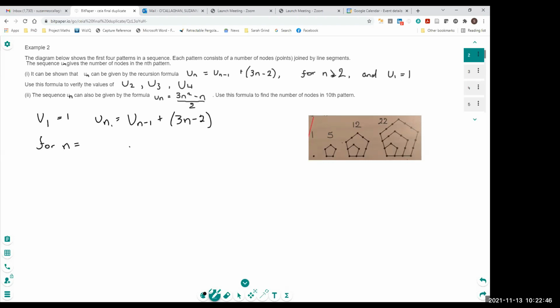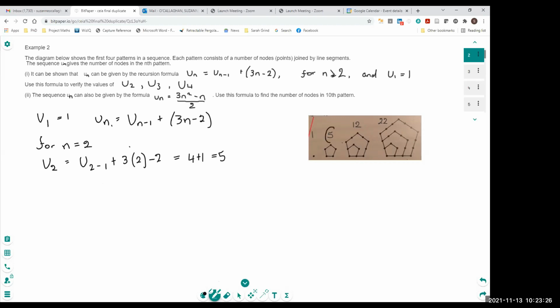So for n is equal to 2, we have u of 2 is equal to u of 2 minus 1 plus 3 times 2 minus 2, and that's equal to 4 plus 1 is equal to 5.